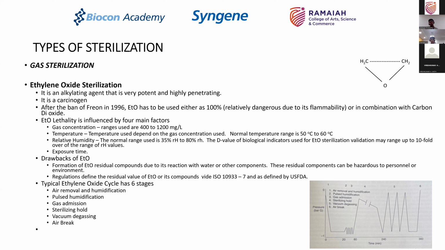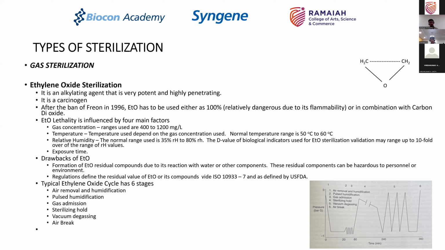When you introduce ethylene oxide and carbon dioxide, you will also see that water molecules are formed, because ethylene oxide disintegrates into water very easily when it is in a gaseous form and comes in contact with any material. So in that situation, your humidity levels will start to fluctuate. So what you have to do is maintain that 55%, within 35 to 80, so you're maintaining about 54% RH.